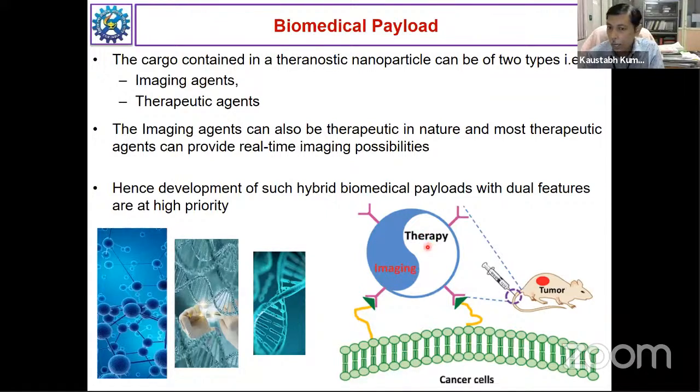Both are in a synchronized fashion, which can enable you to give a very crucial, focused, targeted medicine. When that medicine is given to a living system or disease system, the therapeutic progression can also be monitored by this imaging agent. So you can consider it a combination of therapy and diagnosis coming into play in a synchronized fashion.